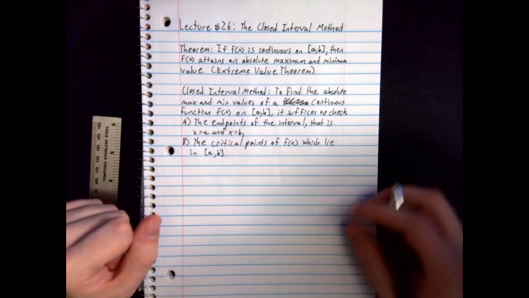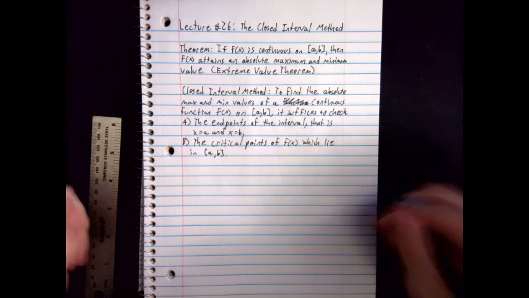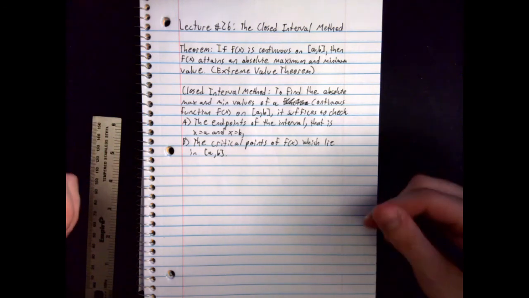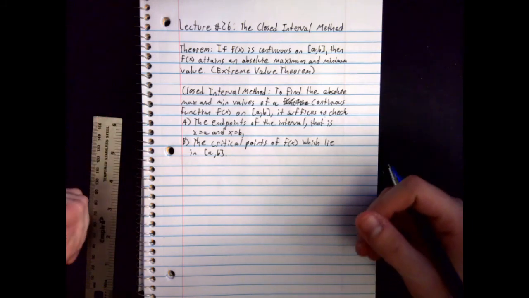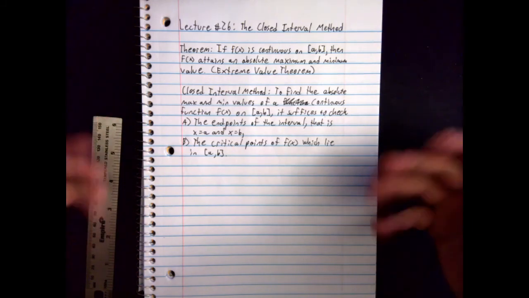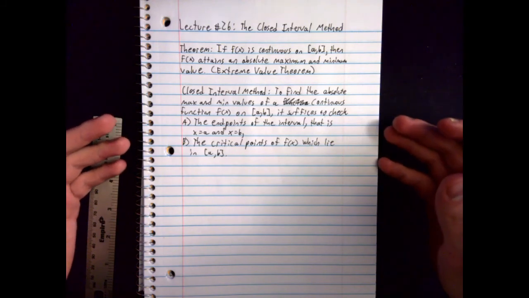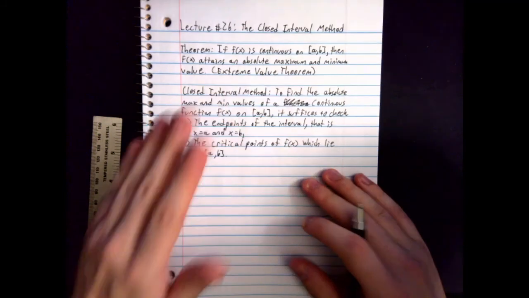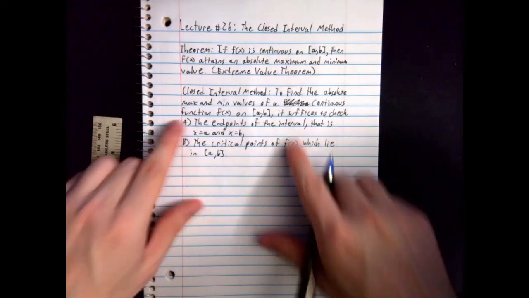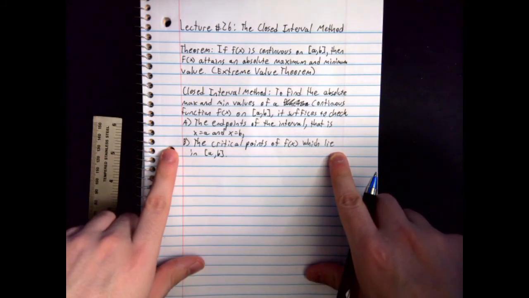Now, it is possible to construct very degenerate functions that behave very strangely, where they're continuous everywhere, but differentiable nowhere, so that every point in their domain is a critical point. But for our purposes, we're just going to have nice enough functions where this is just a finite list of things we have to check.